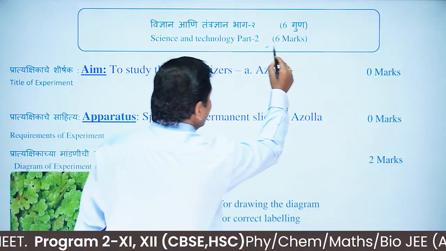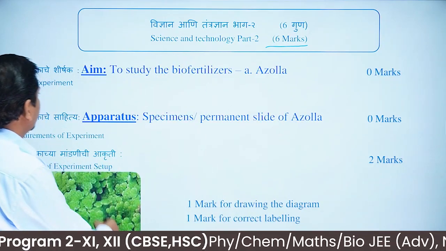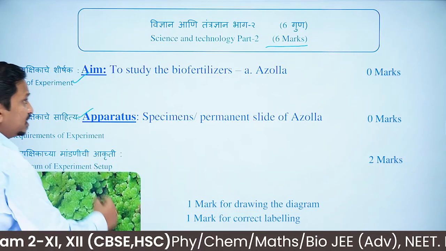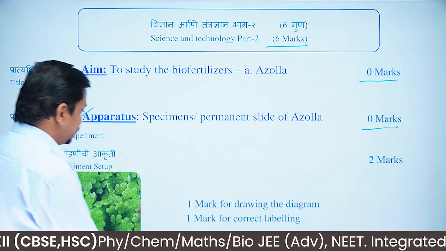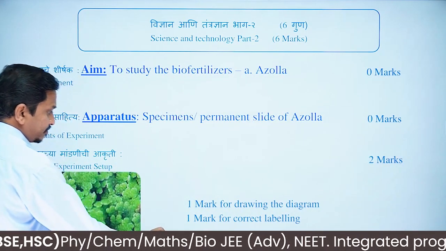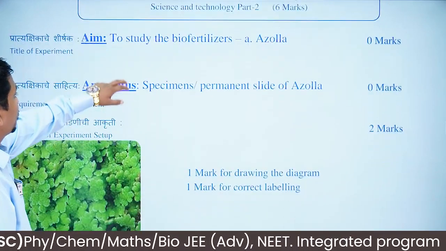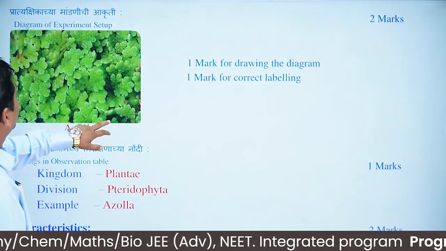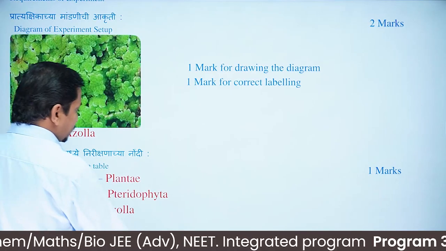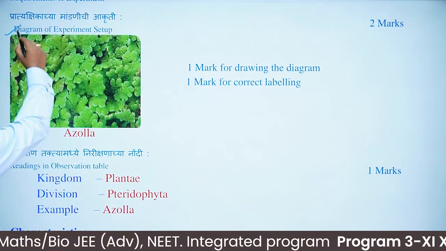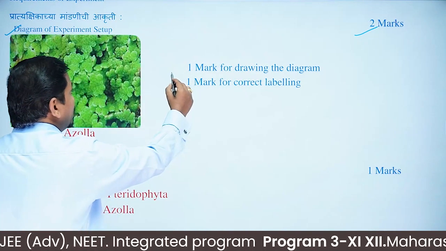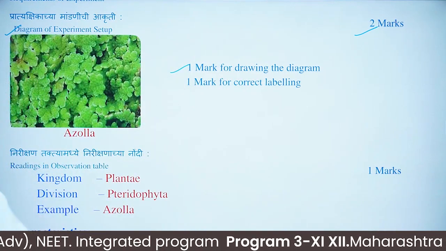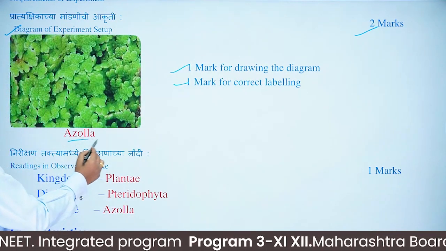For this experiment, you will get 6 marks. For aim and apparatus, you will not get any marks. For diagram, you will get 2 marks: 1 mark for drawing the diagram and 1 mark for labeling it correctly.